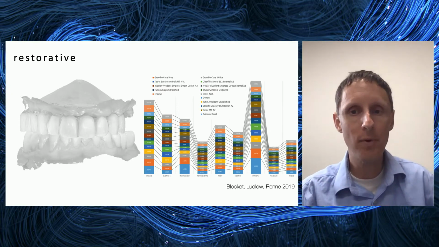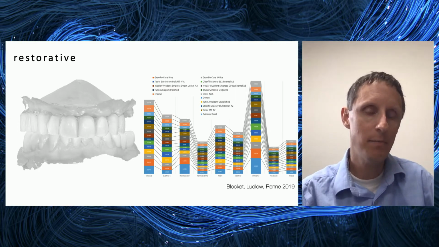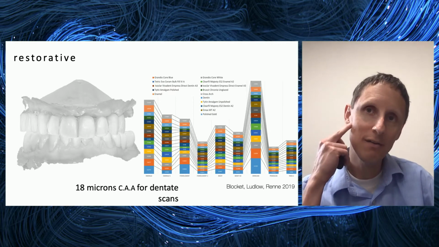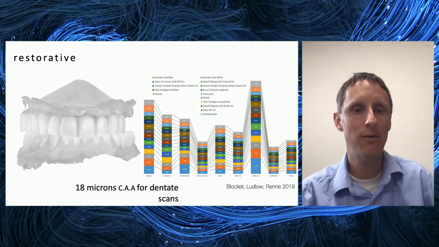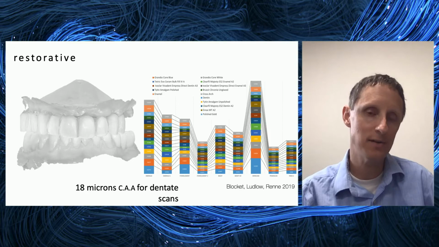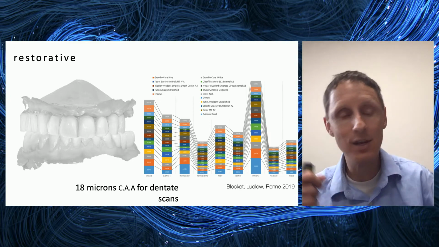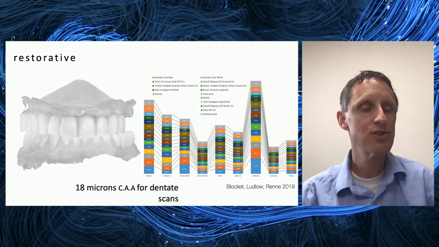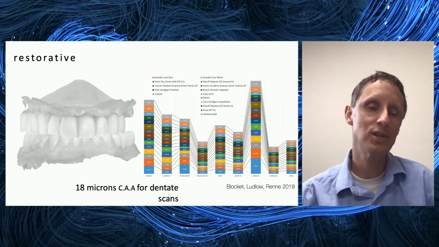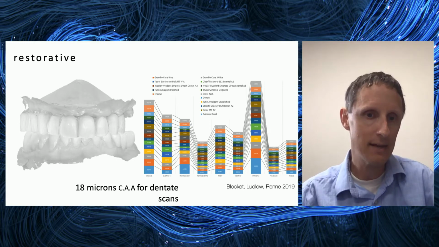And when we looked at the cross-arch accuracy of the Primescan, going from second molar all the way to second molar, it was down to 18 microns for cross-arch accuracy on these dentate scans. And that's why we begin scanning the conversion prosthesis, or scanning the temporary of the patient, so that we can set this digital model in such a way that it is the most accurate scan that we can possibly get.